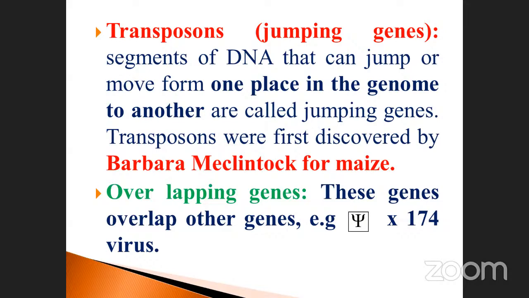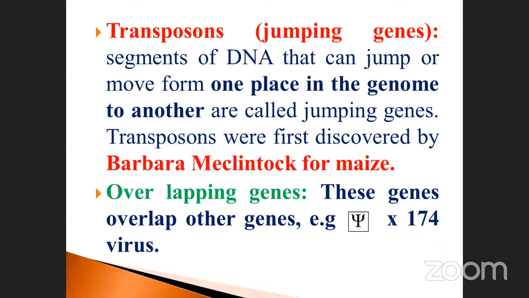Take an example: an A strand, a B strand, and a C strand are there. A component from the 49th or 50th position of the A strand transfers to the third one. That condition is called transposons or jumping genes, moving from one place in the genome to another.